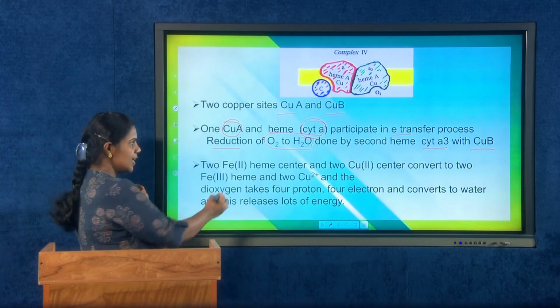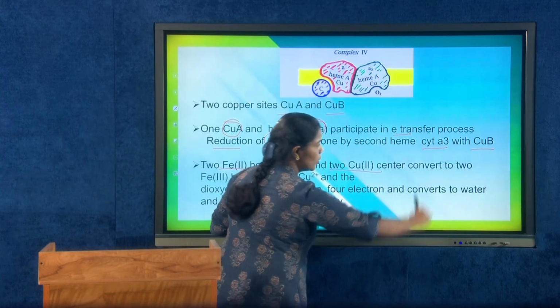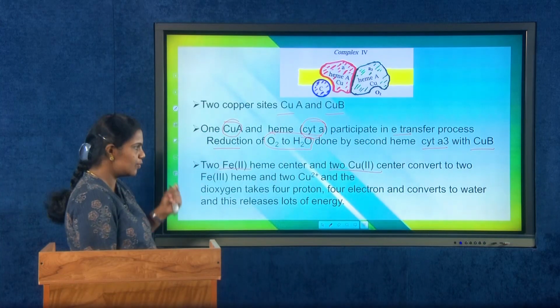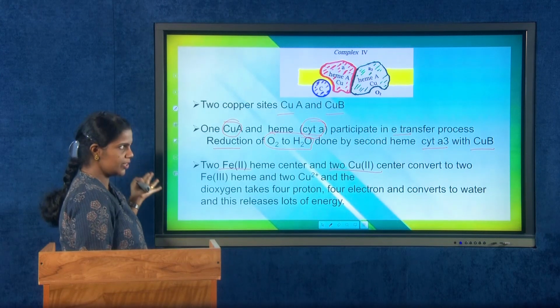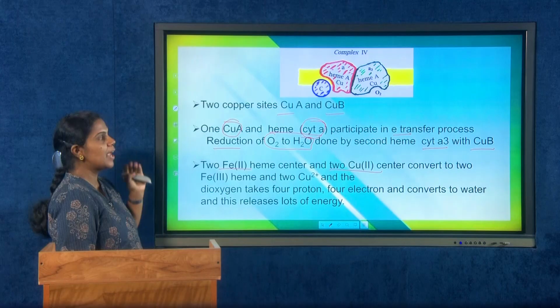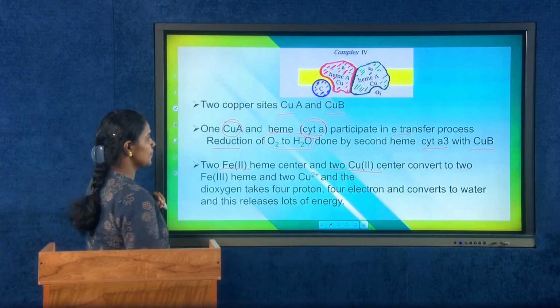That means it has 2 iron heme centers and 2 copper centers, and it is involved in the reduction of oxygen to water and in the electron transfer processes.